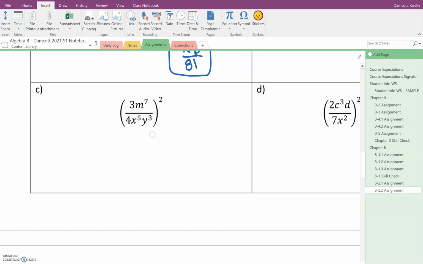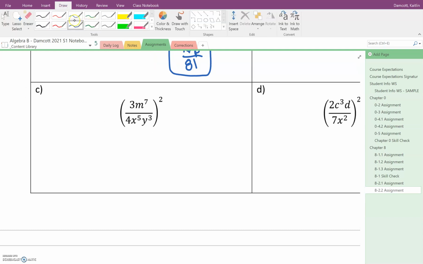So first things first, we're going to look at C, and we've got 3m to the 7th in our numerator, and we're dividing by 4x to the 5th, y to the 3rd. With this, we are going to distribute this square to both the top and to the bottom.